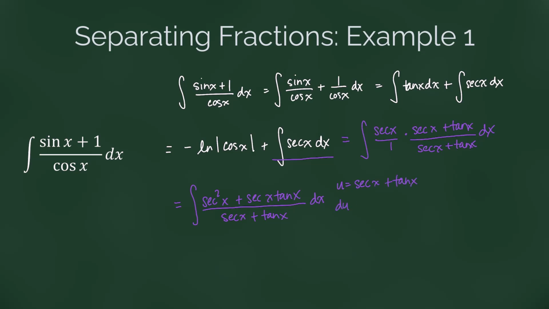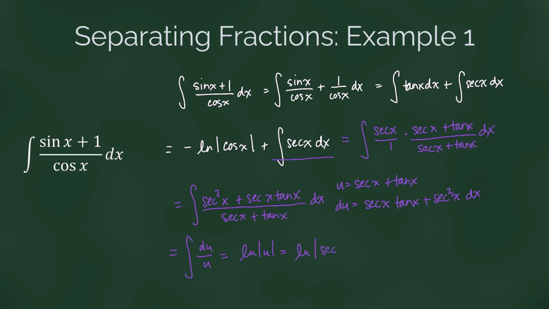Now we can do our substitution with u being the denominator of that expression. Then du becomes secant x tangent of x plus secant squared of x dx. We've now turned that antiderivative into the integral of du over u.